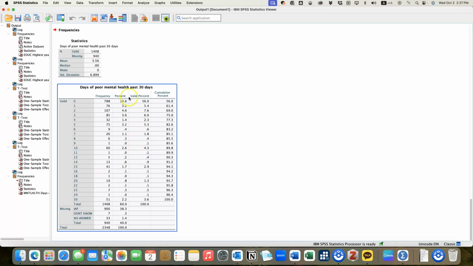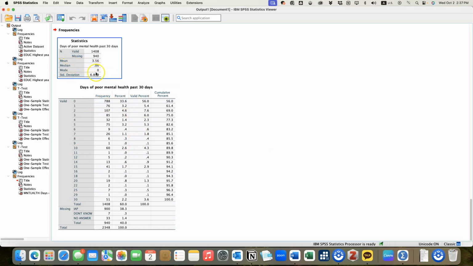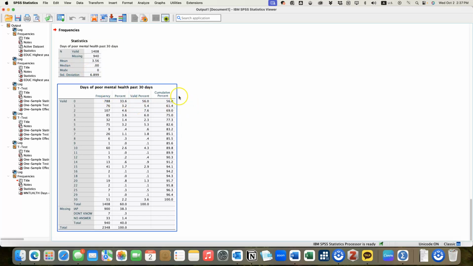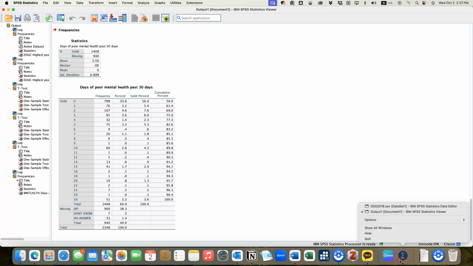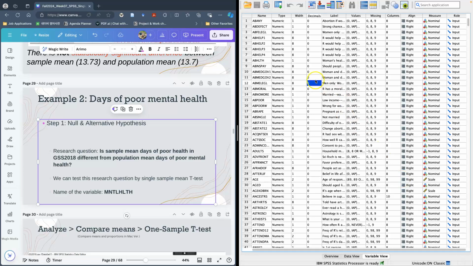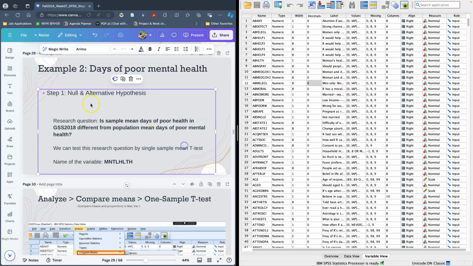So this is a distribution. The median is 0. The mode is 0. So mostly they didn't have any of the days of the poor mental health, but we can find that sample mean is here. Alright, so using the same sample, the null hypothesis is saying that there is no difference between the population mean days of the poor mental health and sample mean days of the poor mental health.